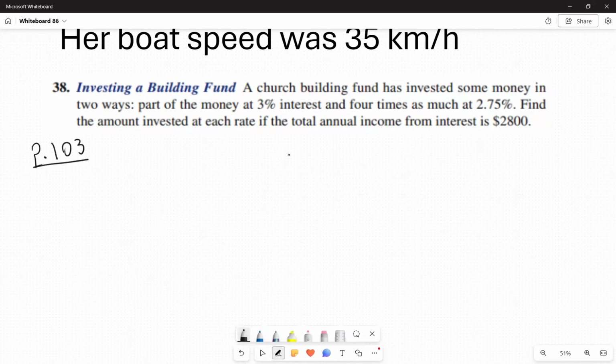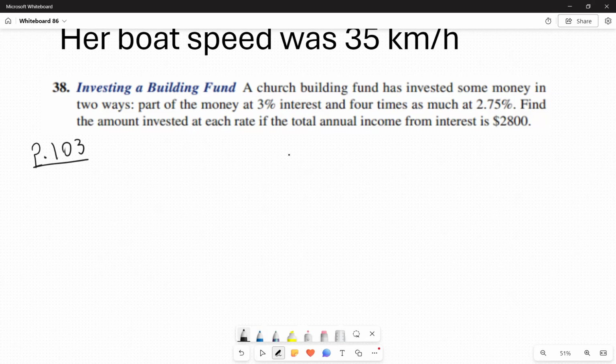A church building fund has invested some money in two ways. Part of the money at 3% and 4 times as much at 2.75%. Find the amount invested at each rate if the total annual income from interest is 2,800.